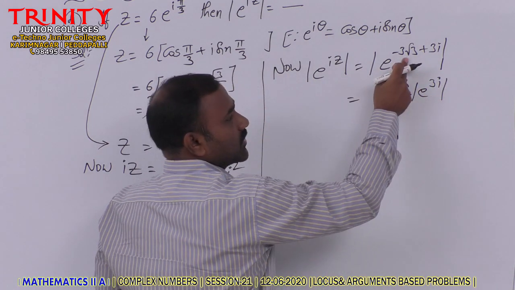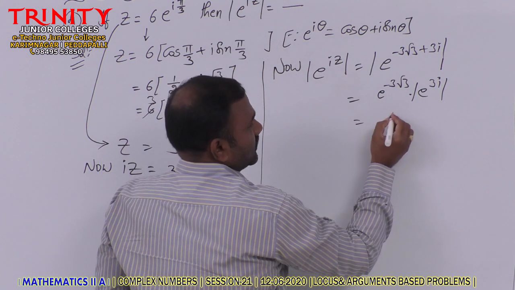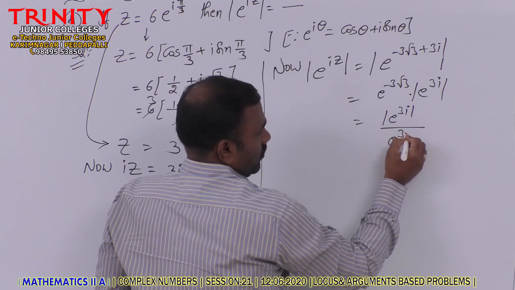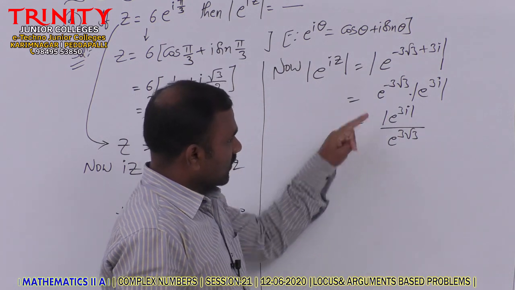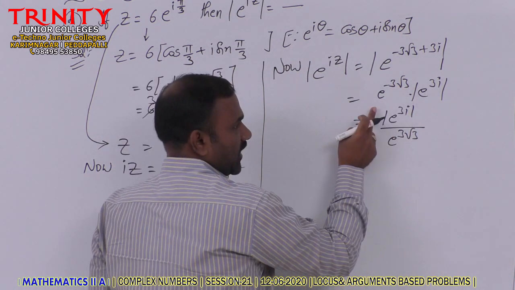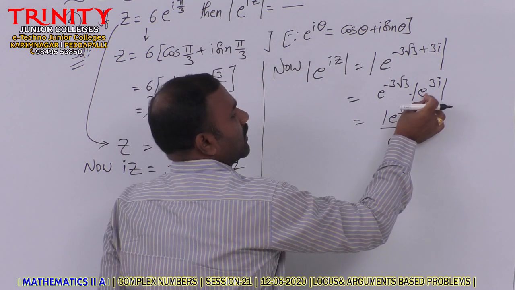This is a real number only, that's why we have separated. Then we can write this one as e power 3i divided by e to the power of 3 root 3. x to the power of minus 1, we can write it as 1 by x. That's why e power minus 3 root 3, we are writing it as 1 by e power 3 root 3, and this is e power 3i.